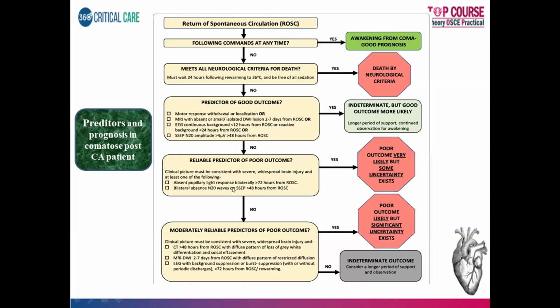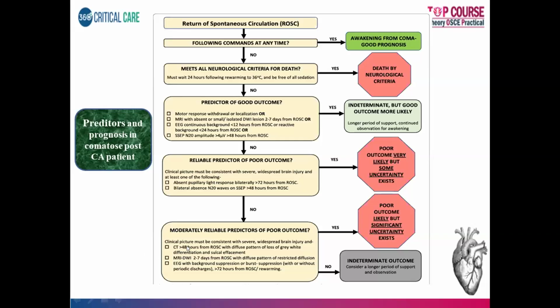If these are not present, and a good outcome predictor is present, very good. If it is a poor outcome predictor, then the patient has a very likely poor outcome, but some uncertainty exists. But if the patient has moderately reliable predictors of poor outcome, what are those?